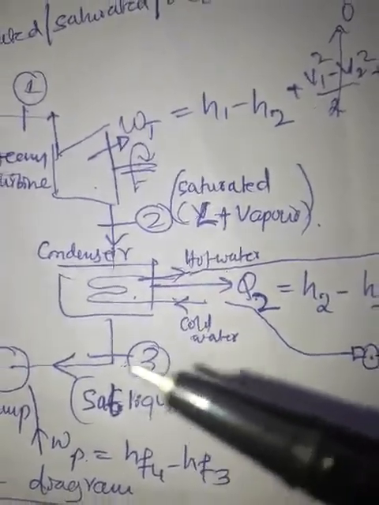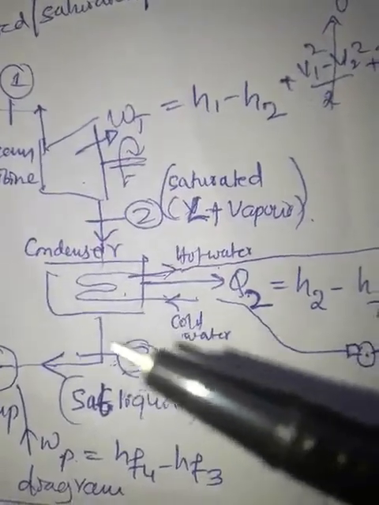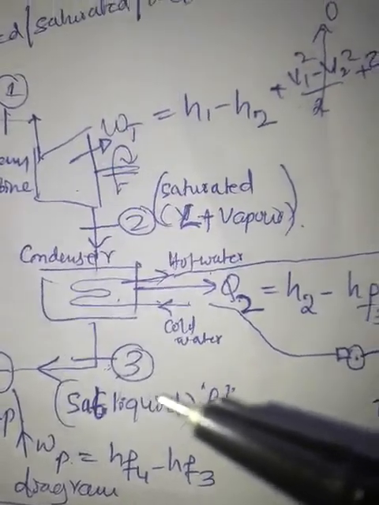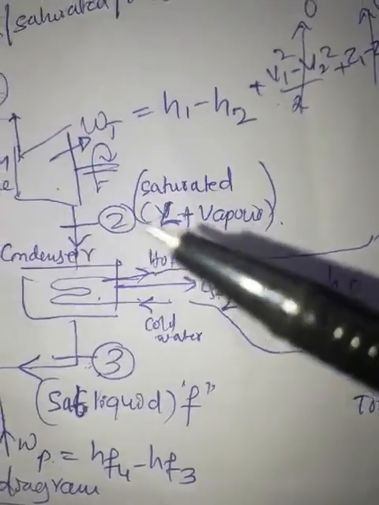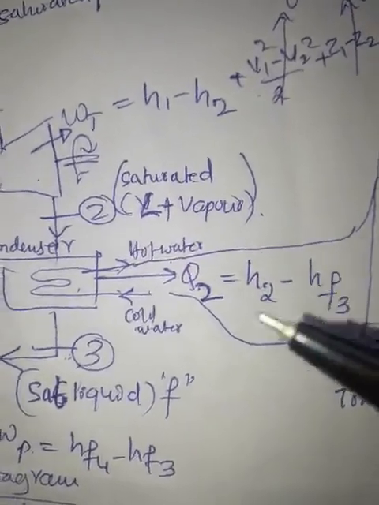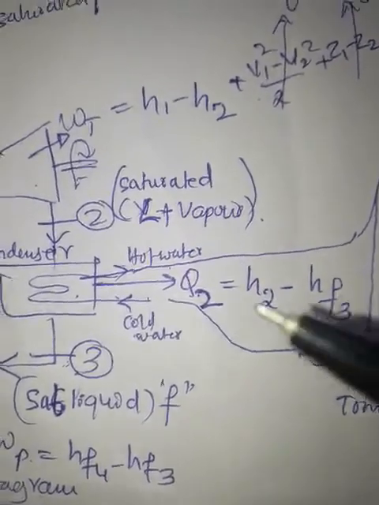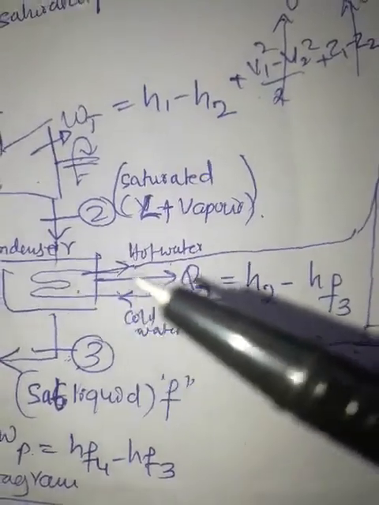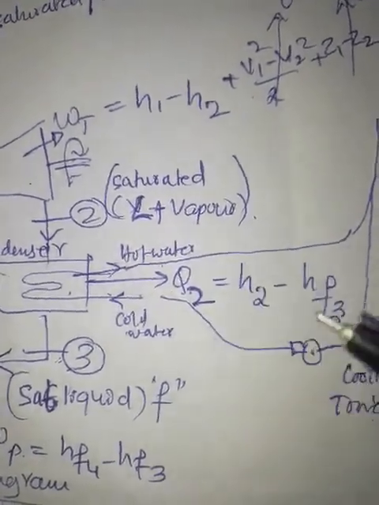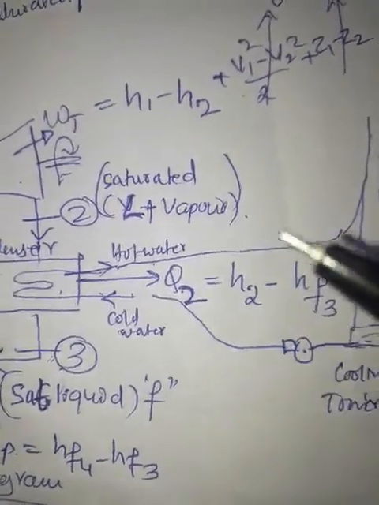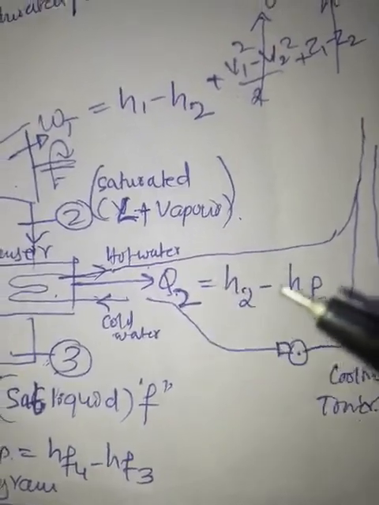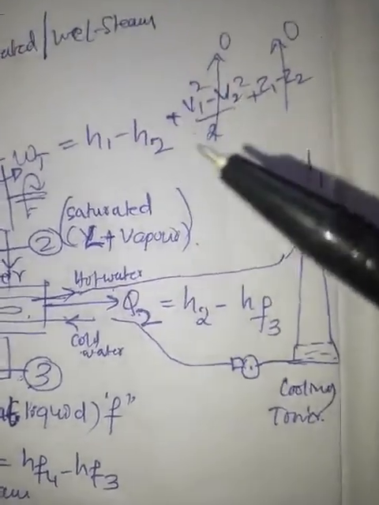Since it is a saturated liquid condition, the enthalpy at state 3 we can write as HF3. Therefore the higher enthalpy H2 minus the lower enthalpy HF3 is nothing but the heat rejected by the steam in the condenser. This equation is obtained by applying the steady flow energy equation.